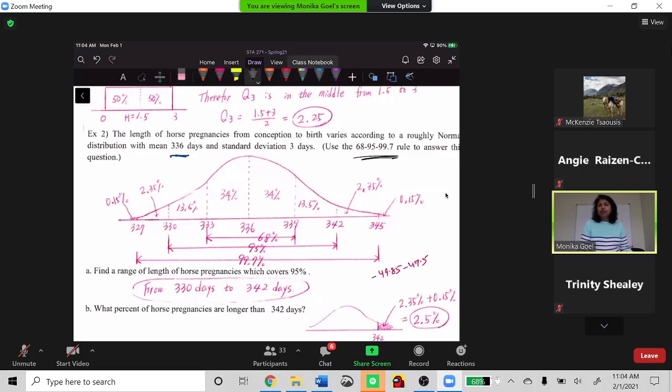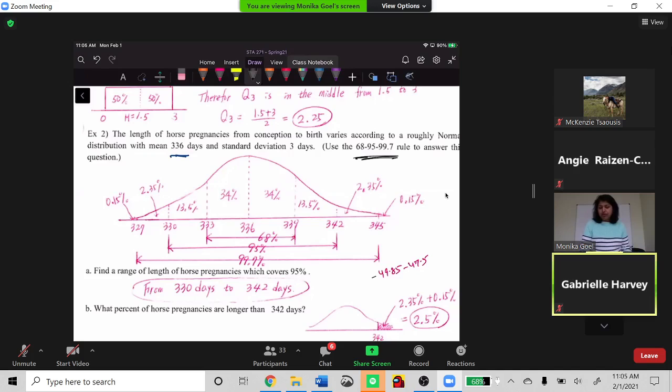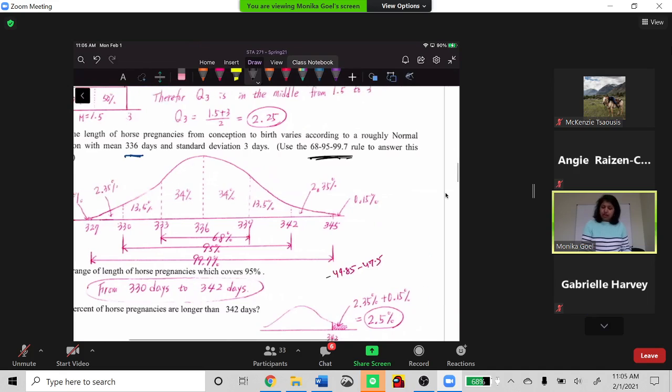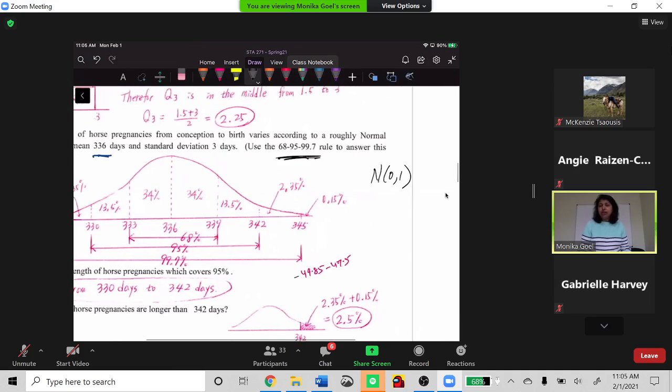And then we also used tables to find the area under the normal density curve when we are not looking for 68, 95, 99.7.